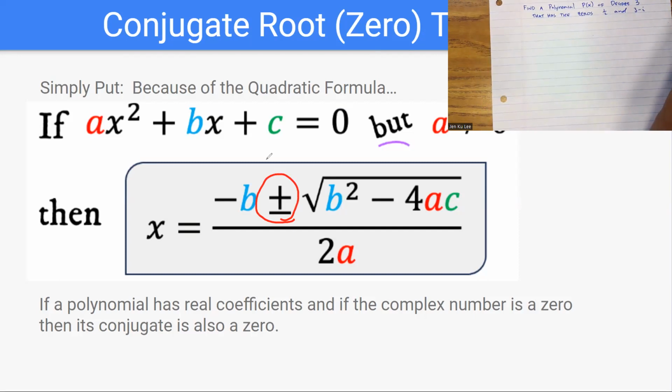Because this plus or minus exists, they create the conjugate. That makes sense?